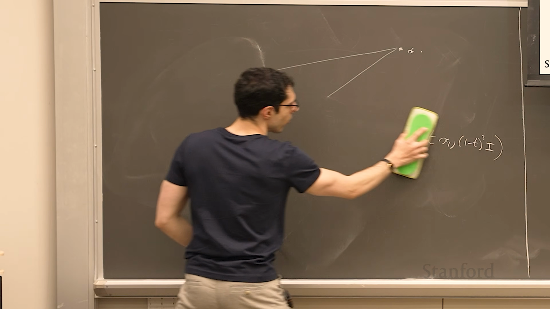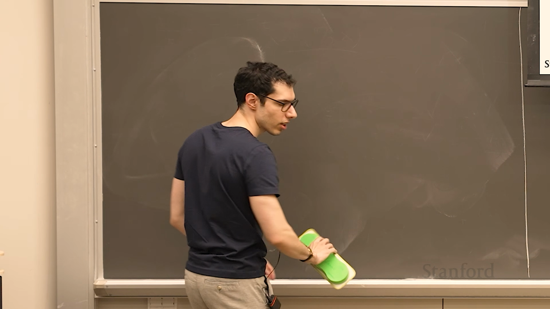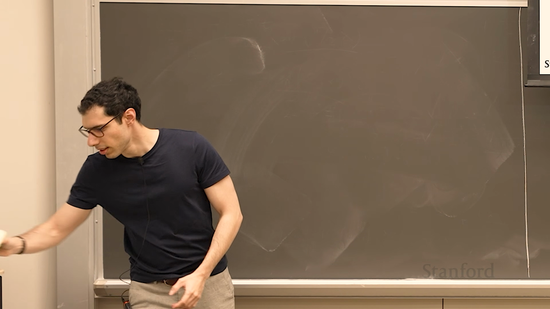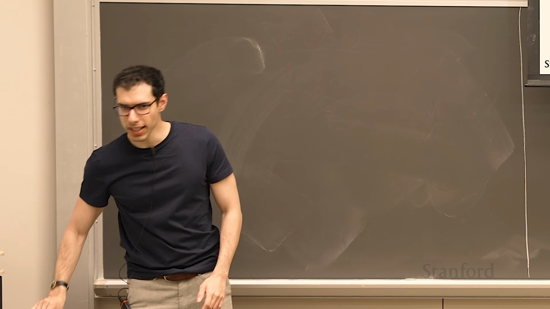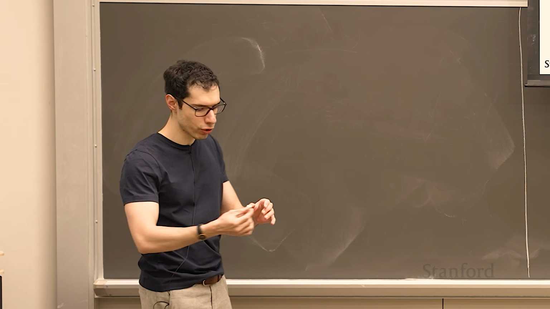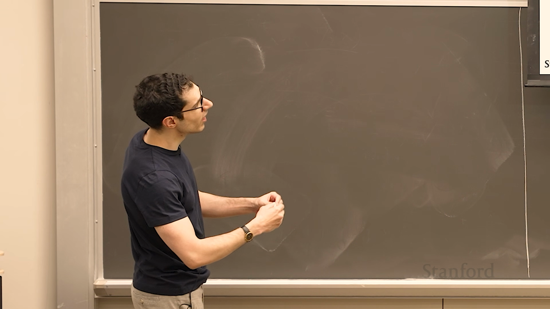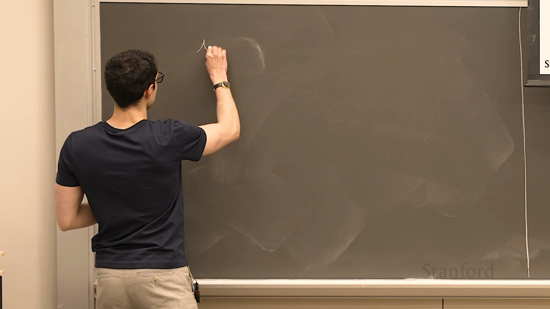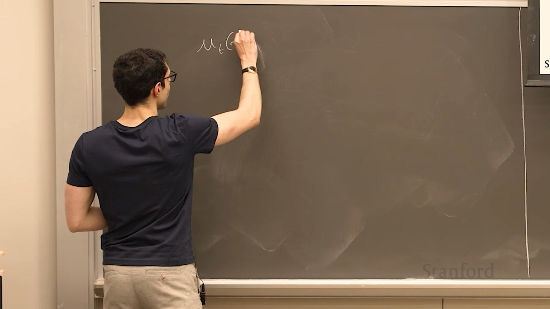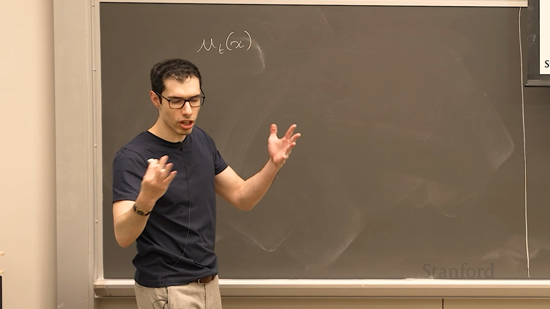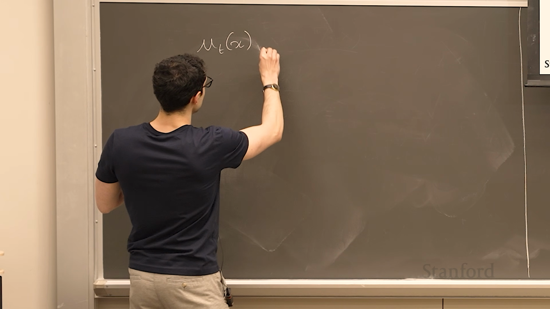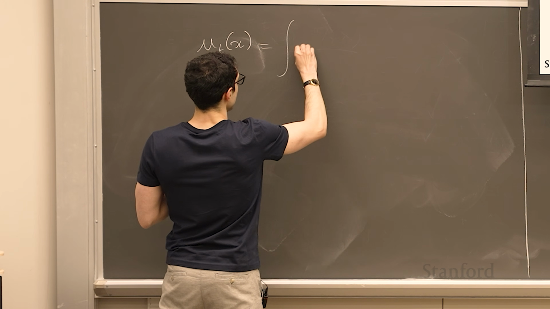Up until now, we're constructing things, and then we're verifying that it's actually what we want. So what I'm saying is we're going to aggregate the conditional vector fields by considering the following aggregation.